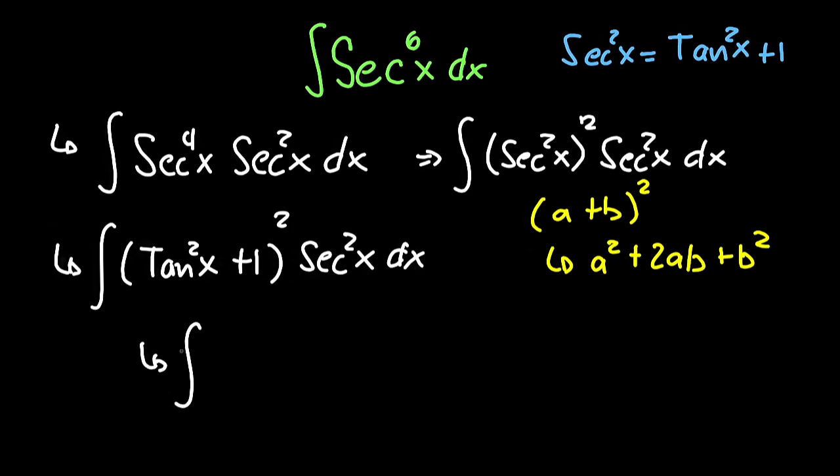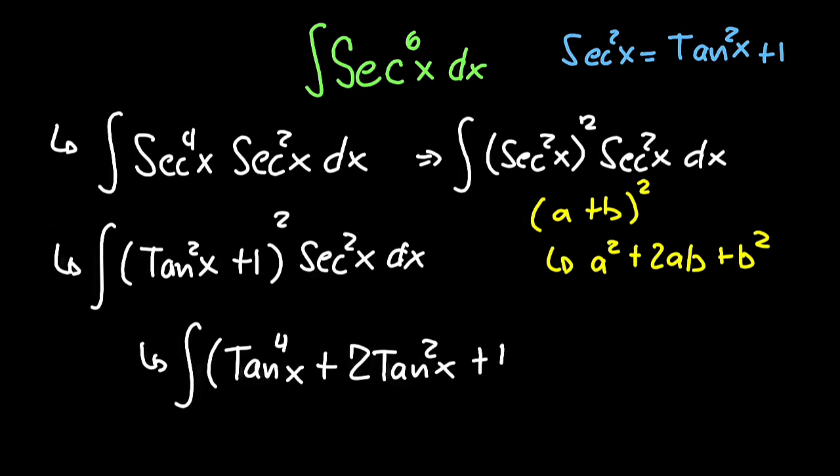With that, the expansion is equal to tangent to the power of 4 of x plus twice of a, which is tangent squared x, and b, which is 1, so this is simply 2ab, and b squared, which is 1 squared, equal to 1, and copy the rest.